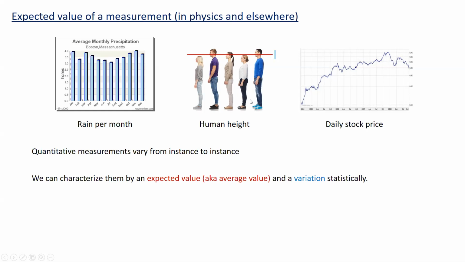Do they range from tiny little dwarves to huge giants, or do they range more tightly in just a range of a few inches? And in this case, we know that it's just a few inches, that most of us are within a foot of, let's say, the same height.